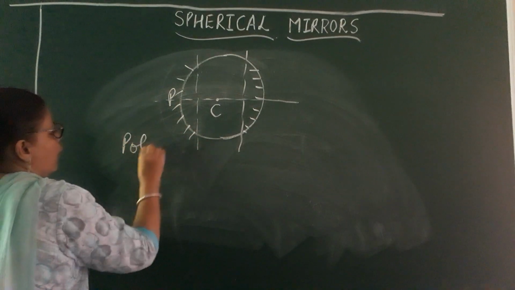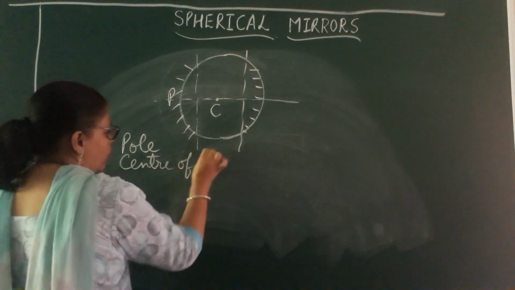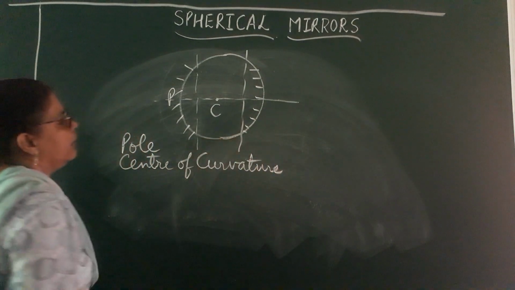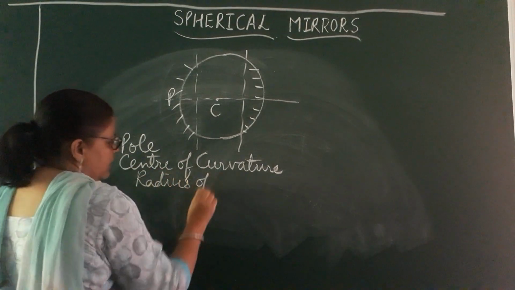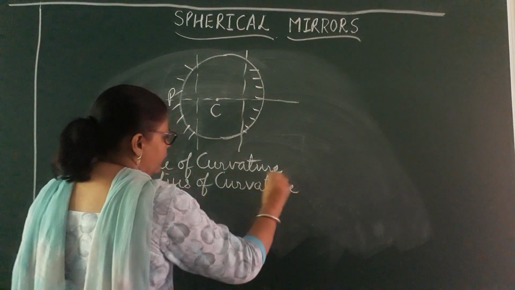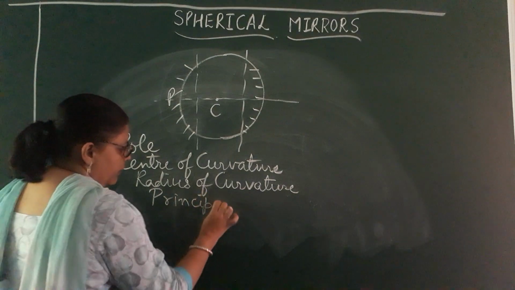I have to discuss pole, I have to discuss center of curvature one by one. Then radius of curvature. Then I will be discussing principal axis.